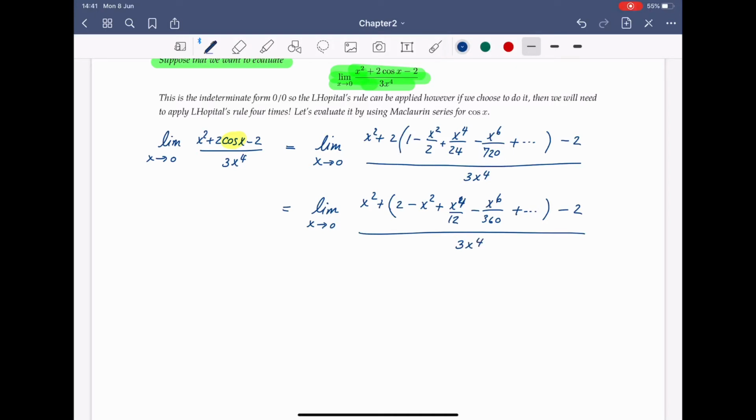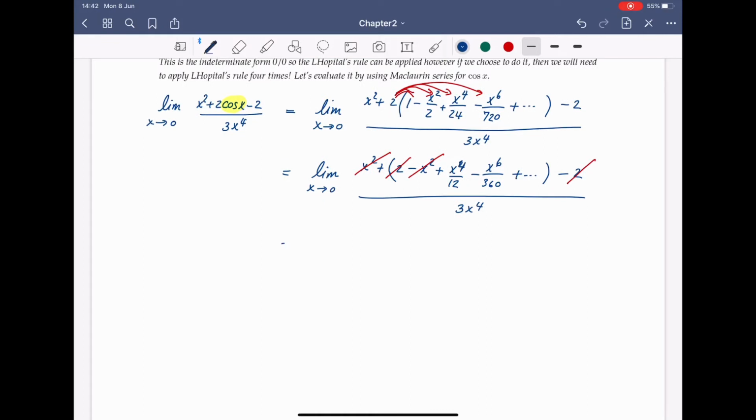You can see that I just expanded the 2 inside the parentheses. And then you can see some cancellation because your 2 here is going to cancel with negative 2 here, and your x squared here is going to cancel with x squared here as well.